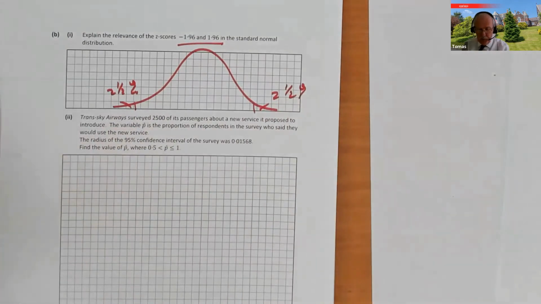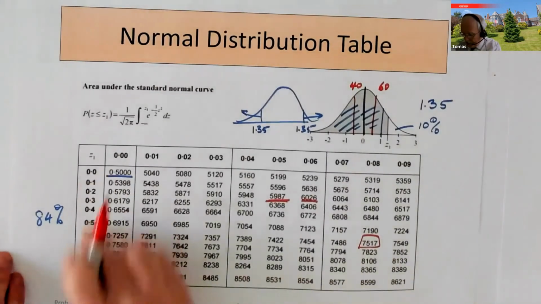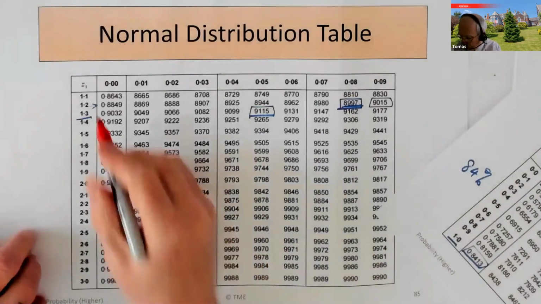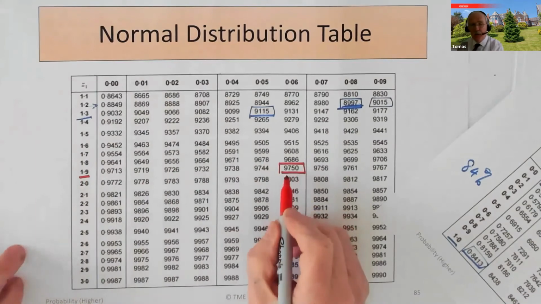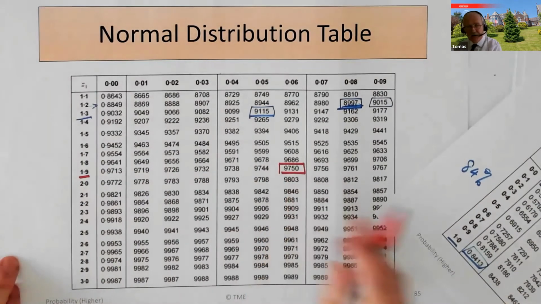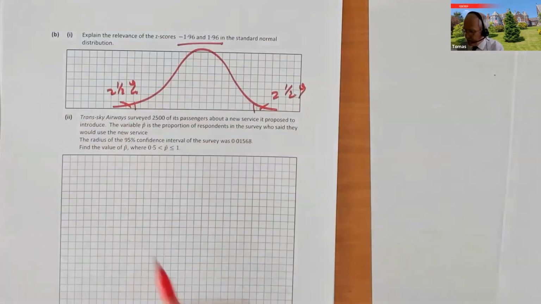And if you were to look up the numbers there, and you were to go down to 1.9, and across to 6, you can see 0.9750 or 97.5%, leaving 2.5% here and 2.5% there.